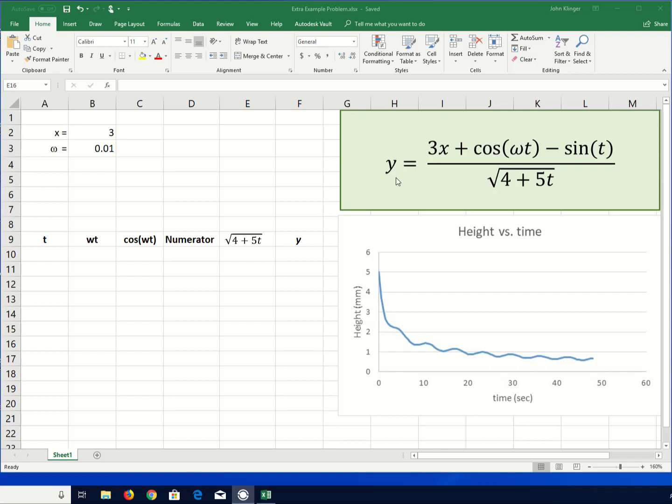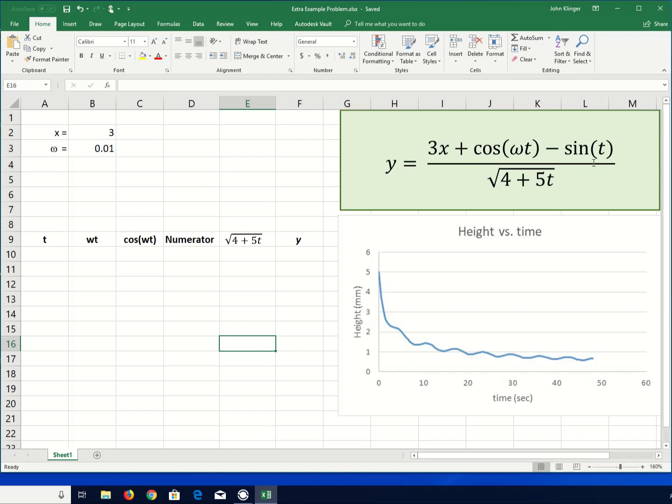What we have here is we're saying that y equals 3x plus cosine omega t. So omega is some constant, and I've defined it as 0.01. Typically it's in hertz or per second, and this is per t time, which is in seconds, so it's unitless.